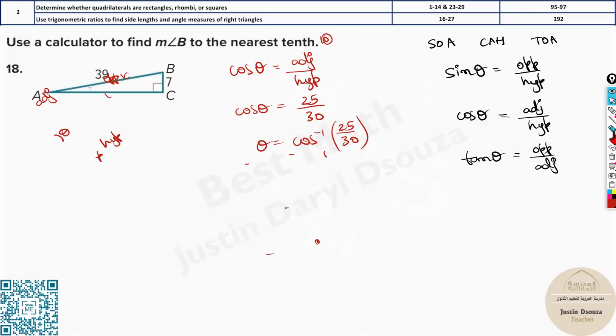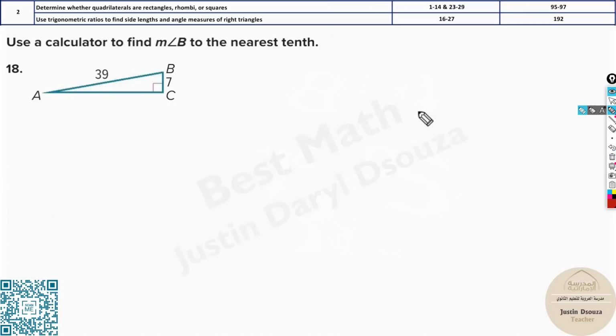Now I'll quickly solve them. Let me remove all the formulas. Now you need to remember it by yourself. Please do try to solve them all by yourselves, but I'll solve these anyway. So measure of B, this is the B angle, that is theta. Opposite side is unknown. The hypotenuse is known. And adjacent is known.